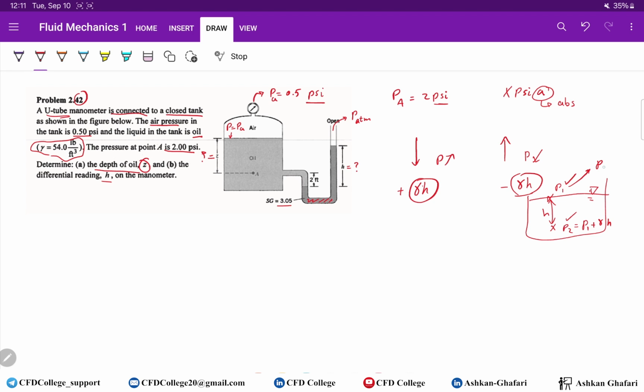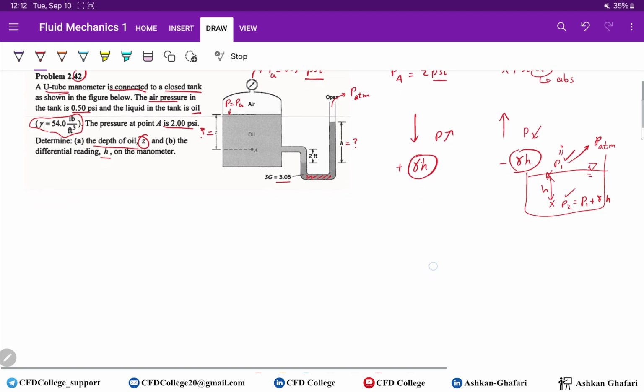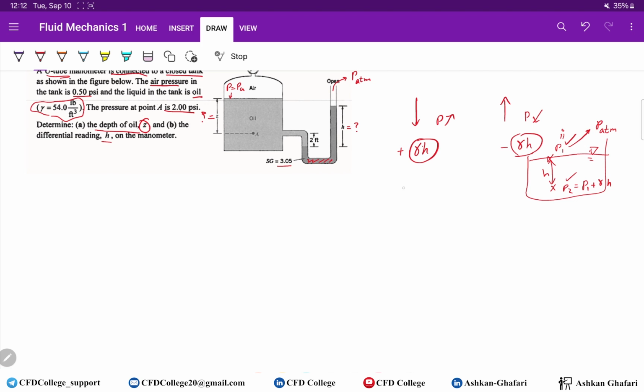If we have an open tank like this, since we have atmospheric air here, P1 equals the pressure of the atmosphere. Since we are working with gauge pressure, P1 is 0 in these cases. As you know, absolute pressure equals gauge pressure plus atmospheric pressure.